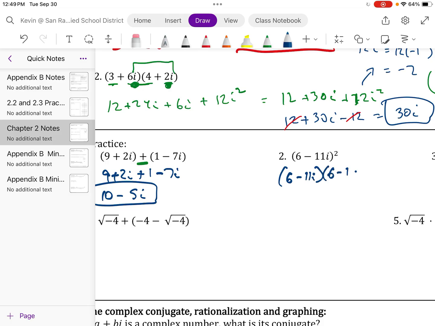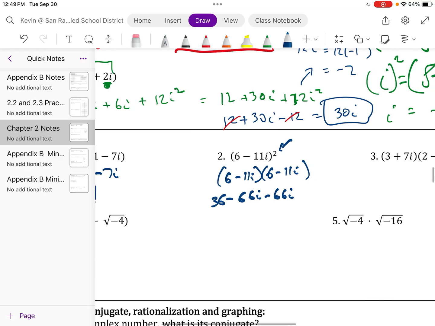6 minus 11i times 6 minus 11i, because we're squaring it. 36 minus 66i minus 66i. And then this is going to be plus 121i squared. 36 minus, what is this, 132i.